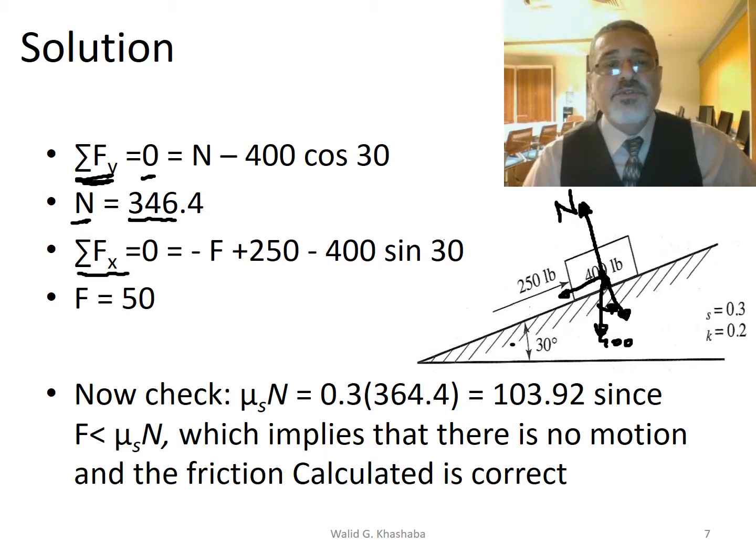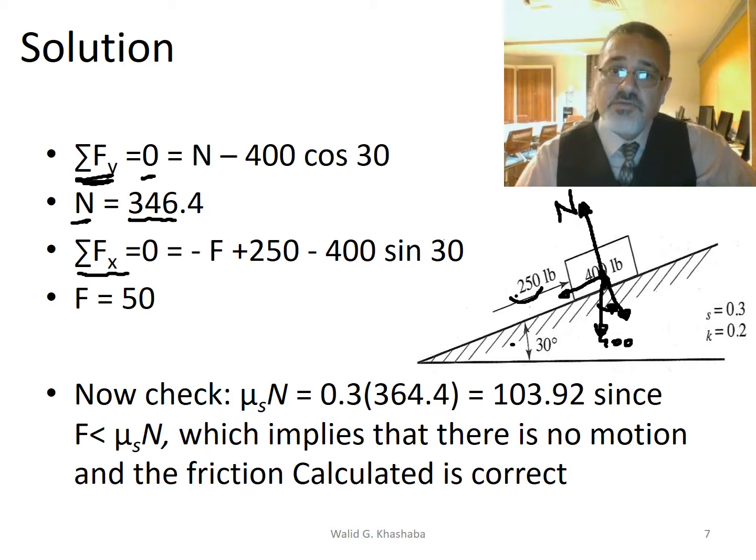The summation of the forces in the x direction will be 250, which is to the right, positive, minus 400 pounds in this direction. It will be 400 sine 30. Again, it's the same as this angle. So F will be 50.